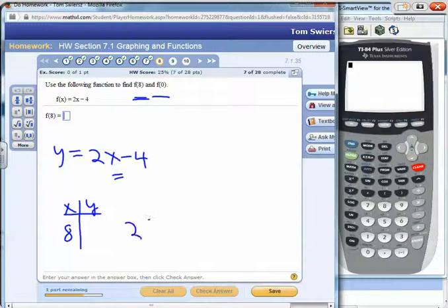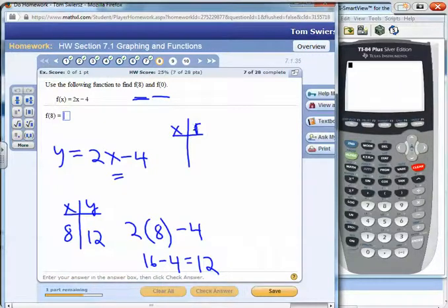So it'd be 2 times 8 minus 4. 2 times 8 is 16. 16 minus 4 equals 12. So that means when x is 8, y is 12. Now, instead of saying the y value, we're going to say f, the function evaluated at 8. So that's the same thing as x and f of x.